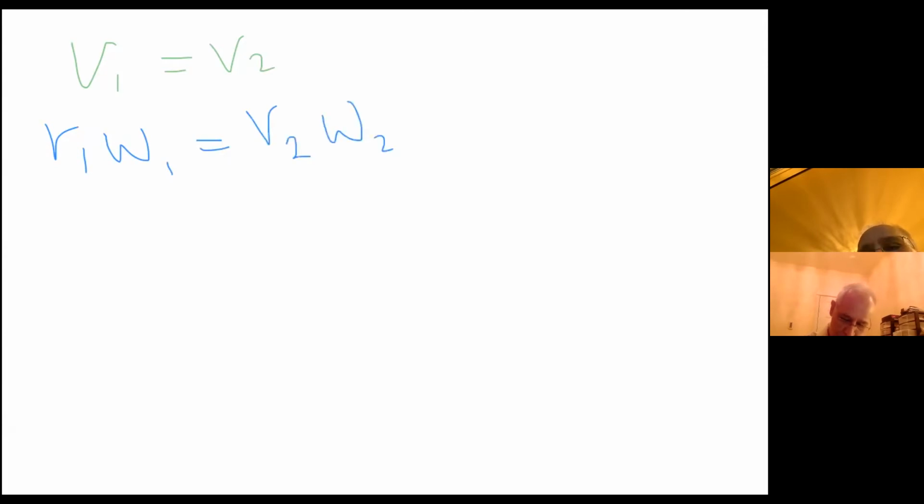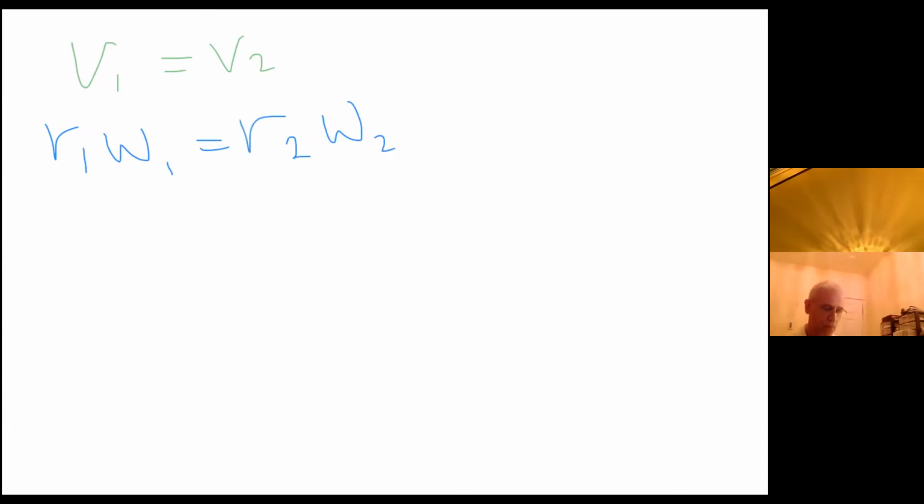So I know that V1, the linear velocity of the first one, equals V2. And the textbook tells us that V, or linear velocity, equals radius times omega, which is angular velocity. So I'm going to write down R1 omega 1 equals R2 omega 2.